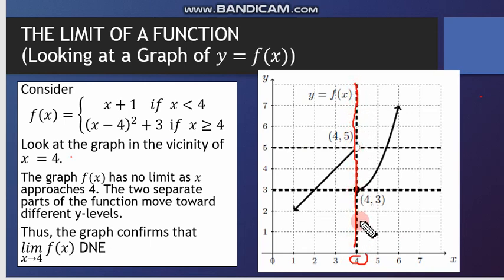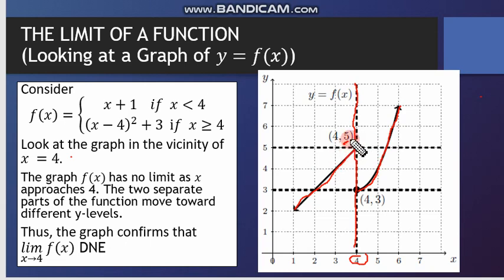As we trace here at the left side, we could see that the limit is here, and at the right side we could trace that the limit is here. So the graph of f of x has no limit as x approaches 4, since the two separate parts of the function move toward different y levels.